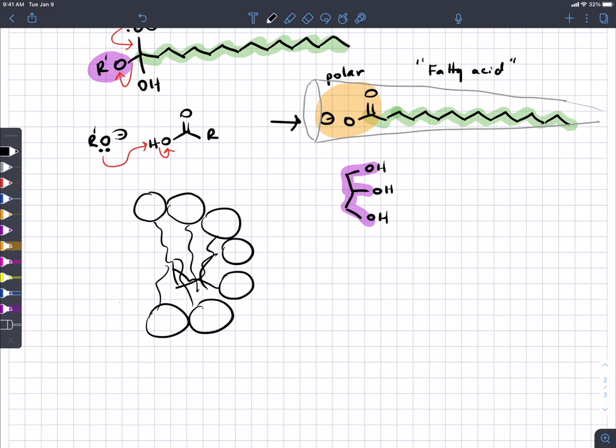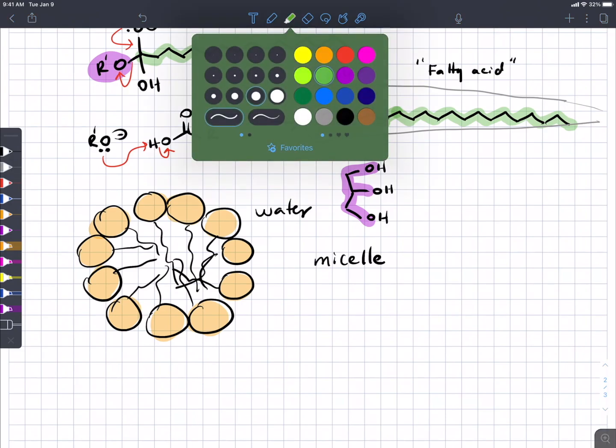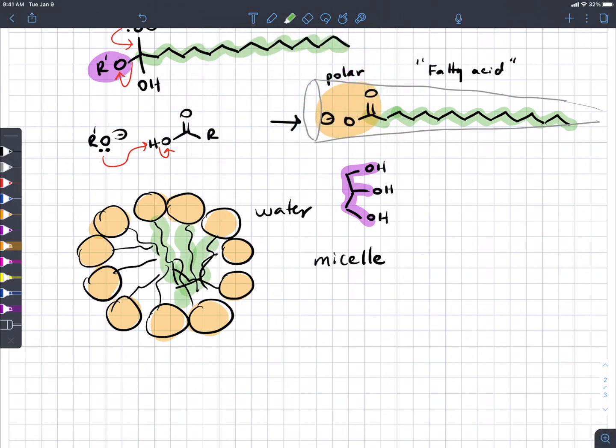They arrange themselves in sort of a spherical pattern, which I think you saw before in 351, wherein the polar head groups are all exposed to water. And this spherical assembly is called a micelle, whereas the nonpolar tails are all sequestered from water in the interior.